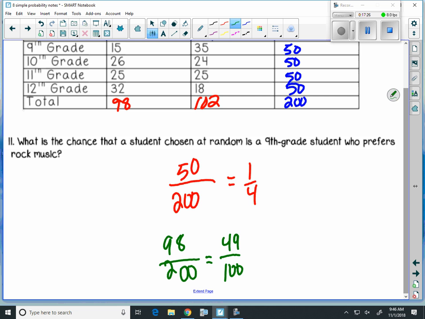Doesn't break down all that much. Okay, now that we have those two, we can just multiply those. If I multiply them, okay, I get 0.12, which is about 12%. We could write it as a fraction, but it's a very ugly fraction.